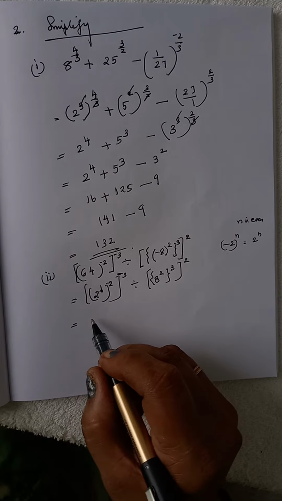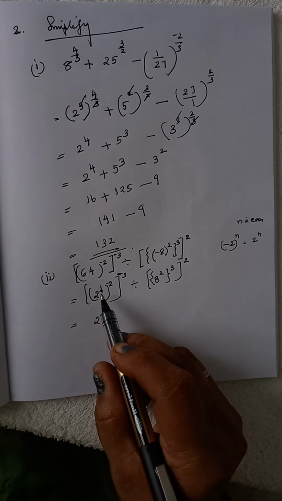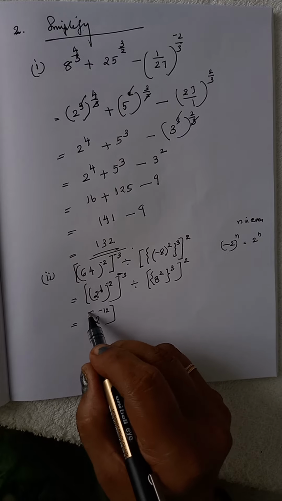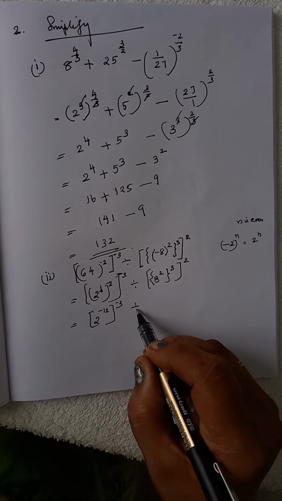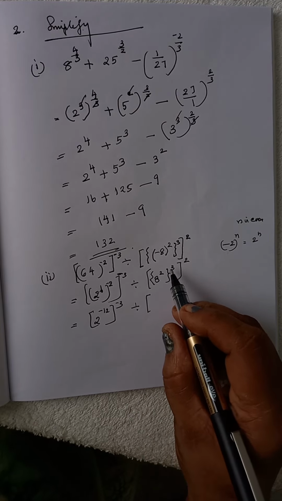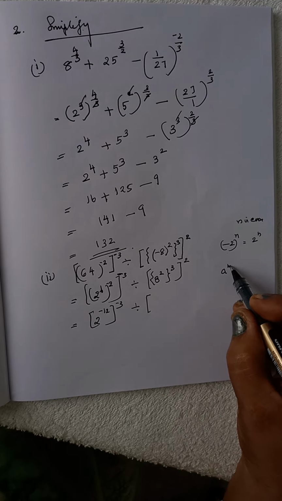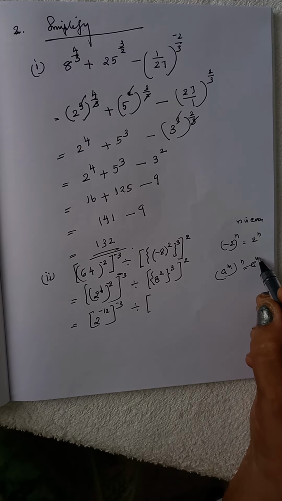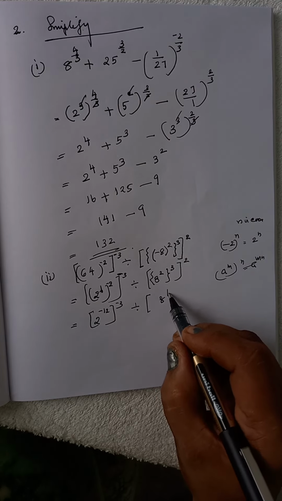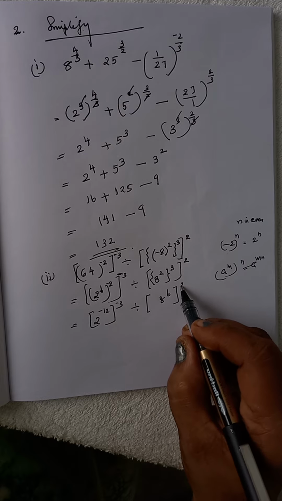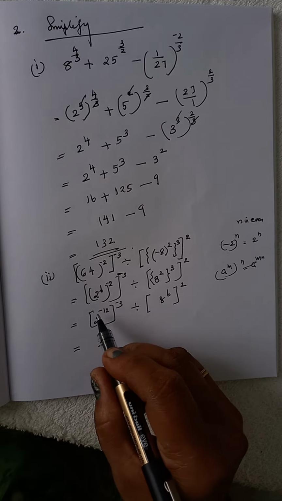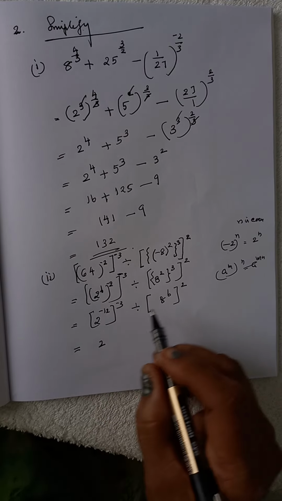Now this is equal to 2 raised to 6 into minus 2, that is minus 12, that whole raised to minus 3, then that divided by 8 raised to 2 raised to 3. That is, a raised to m raised to n is a raised to m into n. So 8 raised to 2 into 3, that is 6, then that whole raised to 2. Now this is equal to 2 raised to 12 minus 12 into minus 3, applying this rule.